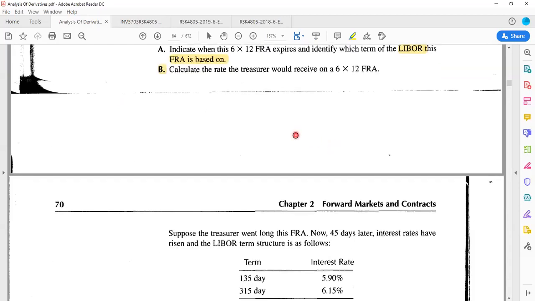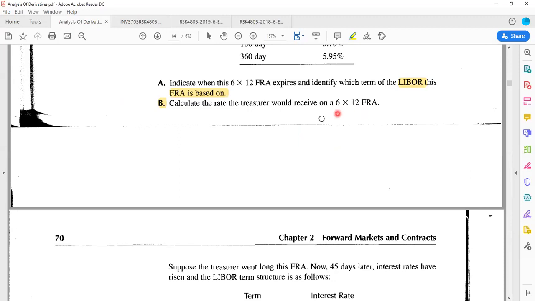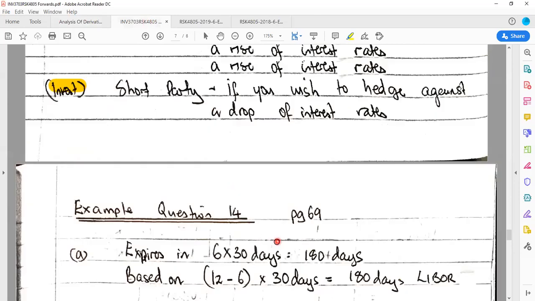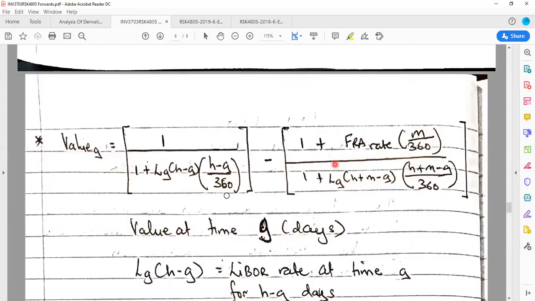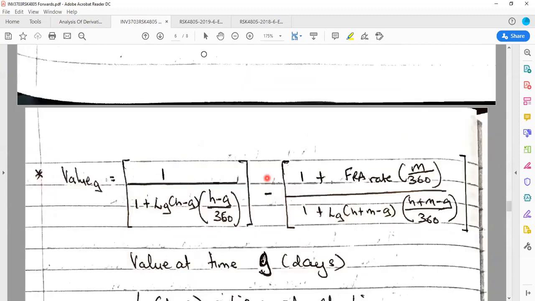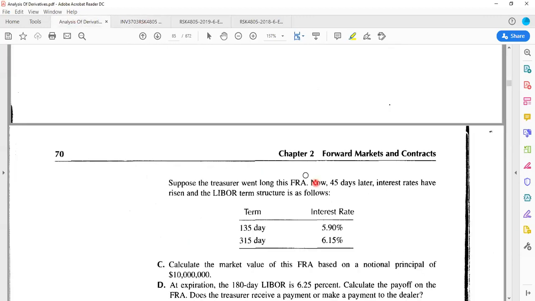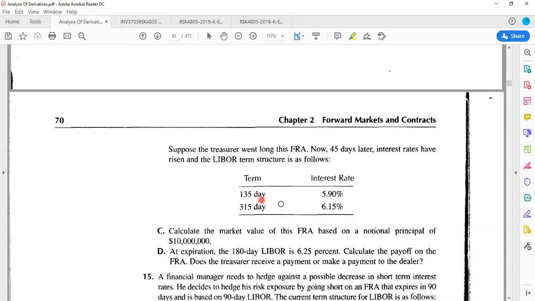What I want you to do here, just for practice, is try to use these formulas that I gave you to determine your 6x12 FRA rate, and to also use those formulas to determine the market value of the FRA, and lastly, to determine the payoff.